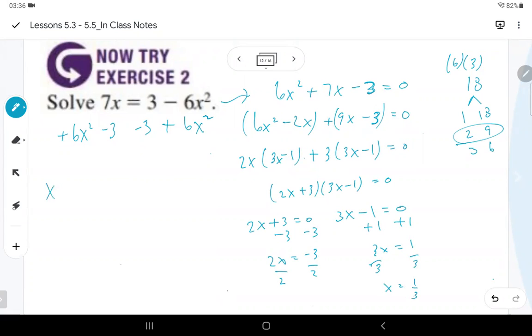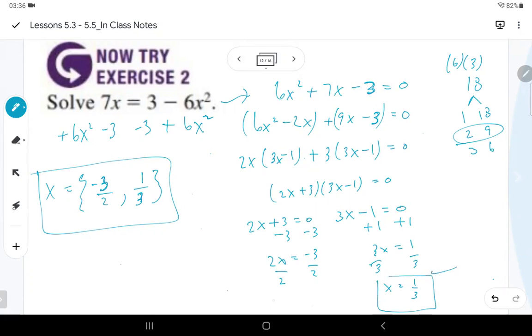So the most correct way to write this would be the solution set of -3/2, comma 1/3. Again, I will take it written alone as well. And again, you would want to plug in for both and check.